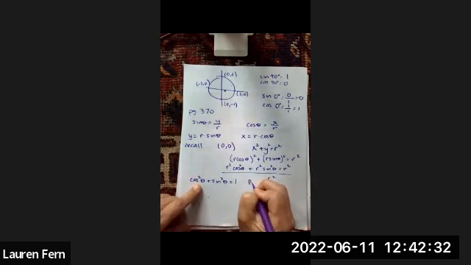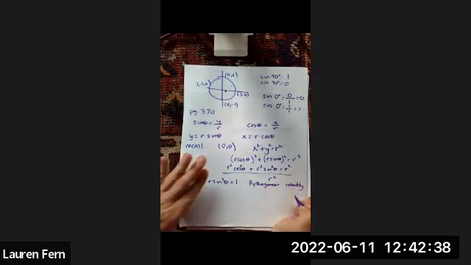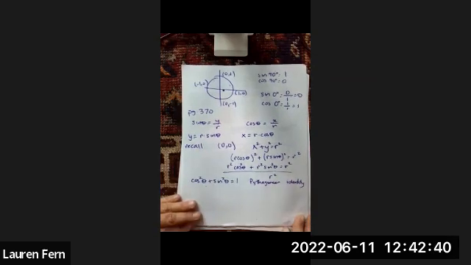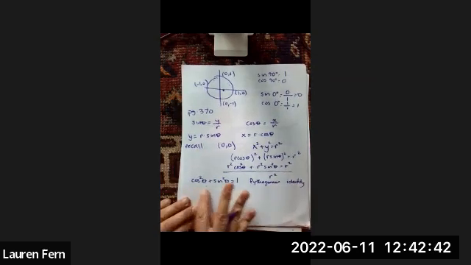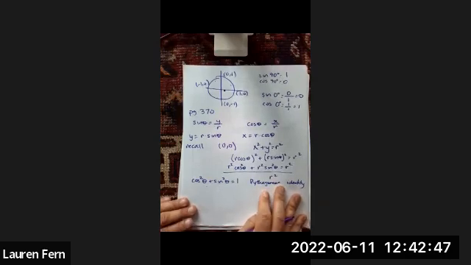This is called our Pythagorean identity. If you're only going to memorize one formula, this is the one to do, because pretty much everything else can be derived from it.